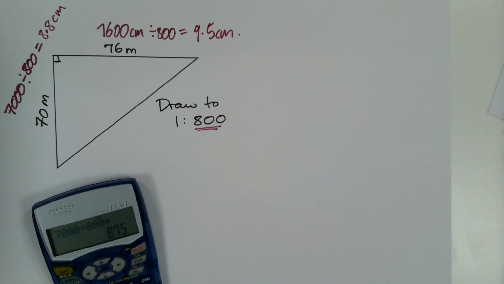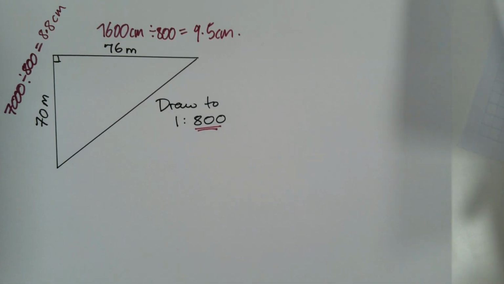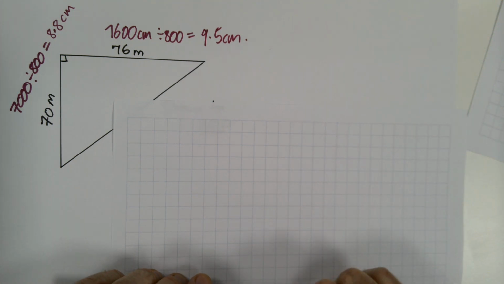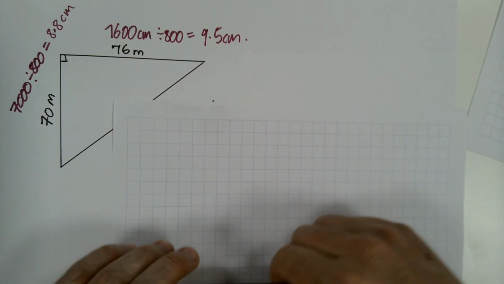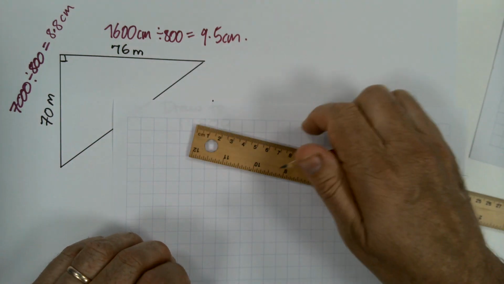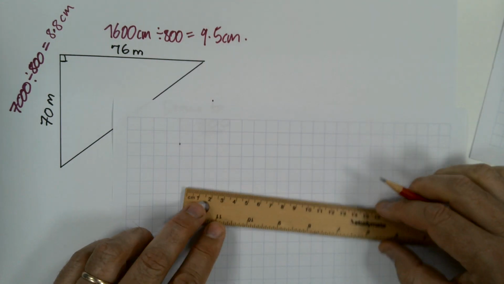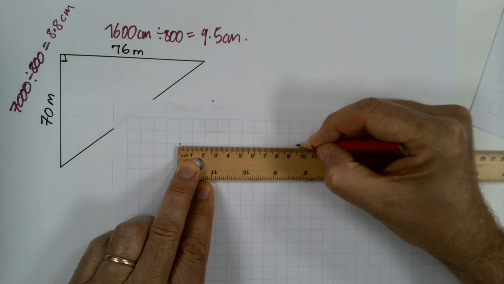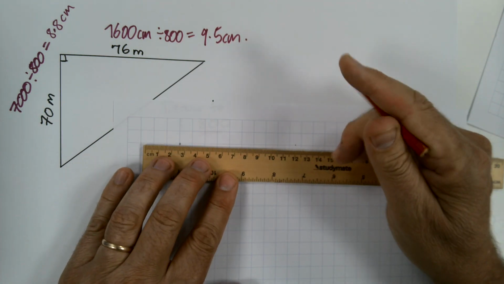Now you get your grid paper, and we're going to go right 9.5 centimeters. So that's 9.5 of these. I'm just going to start there. Right there, the point is 9.5.